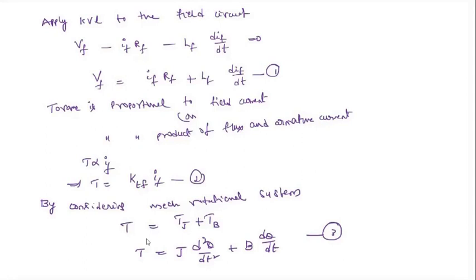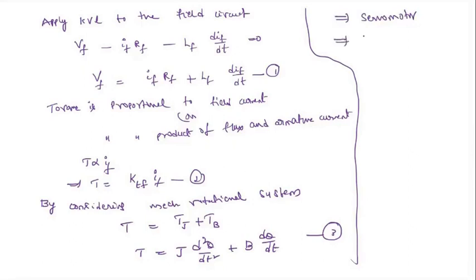Before going to the further step, let us assume what is the input and what is the output for this transfer function. Here it's a servo motor. For a servo motor, the input is always an electric signal, and the output is always a mechanical signal, like theta.